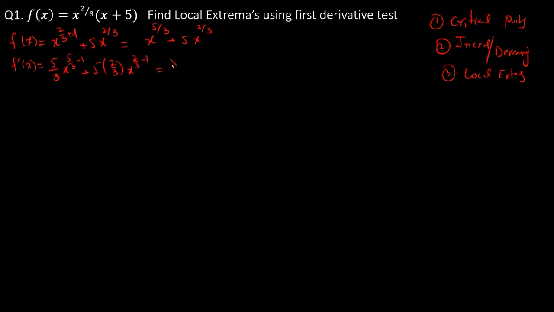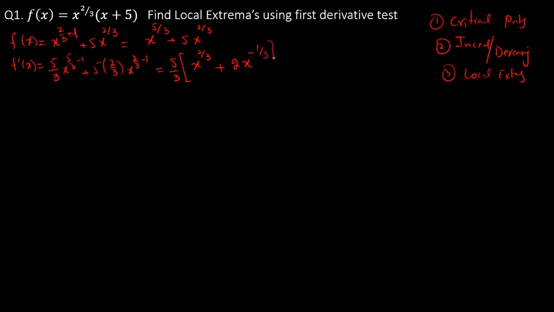After simplification, if we take 5 by 3 common, it will give us x power 2 by 3 after simplifying this fraction, plus 2 x power minus 1 by 3.